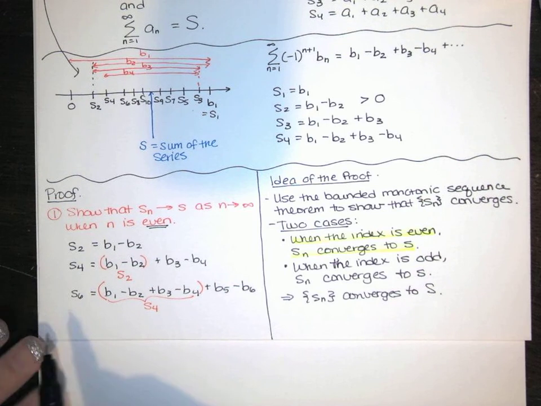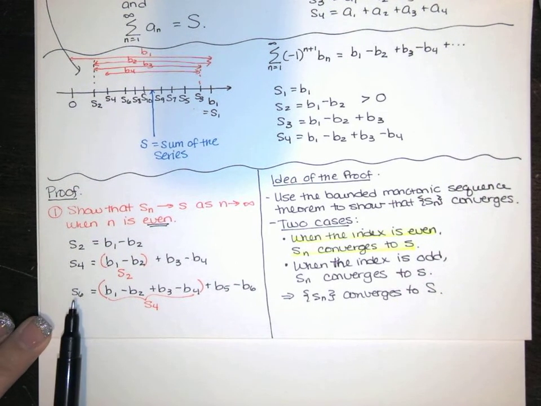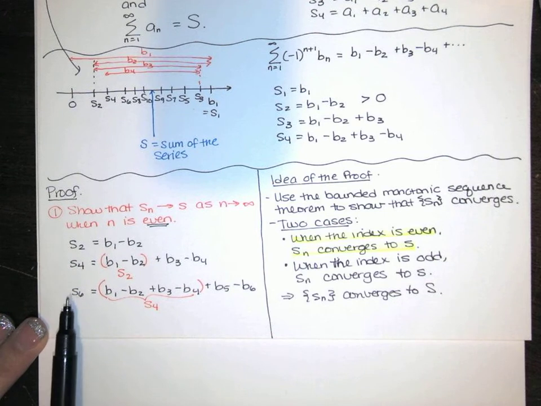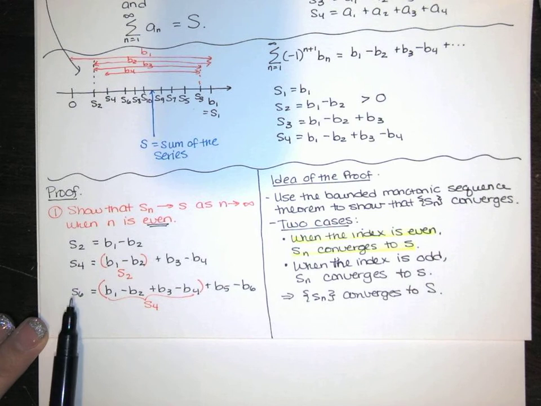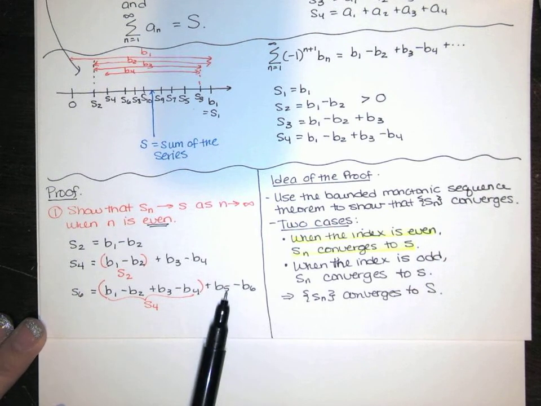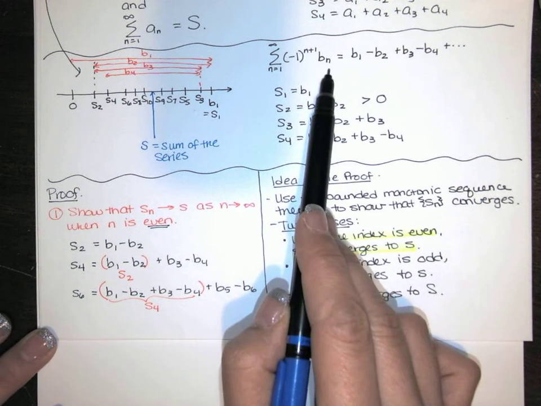Okay. In general, what I've just shown you is that S sub n, where n is even, is equal to the last term in our sequence of partial sums, plus a couple of extra terms from the original expression.